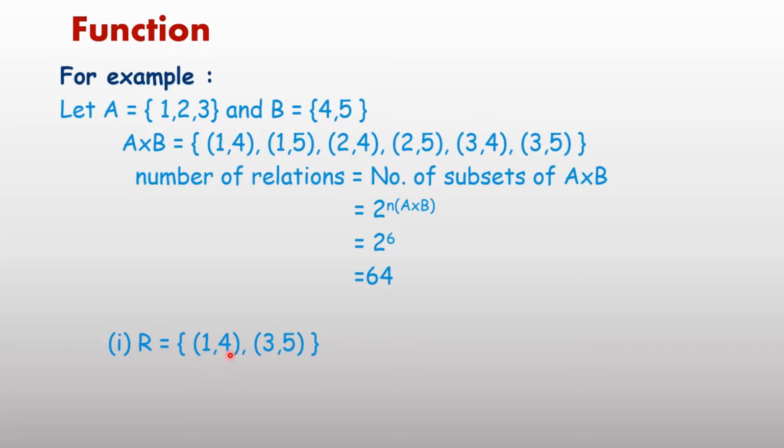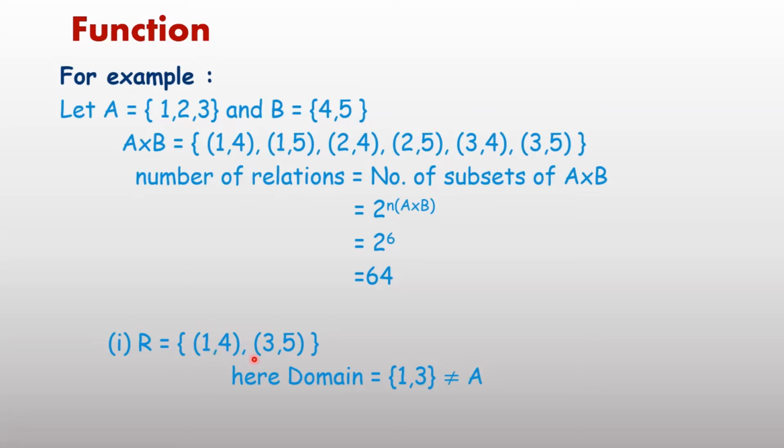R equal to {(1, 4), (3, 4)}. Now it is a subset of A cross B, means it is a relation. First condition satisfied. Now here domain equal to {1, 3}.